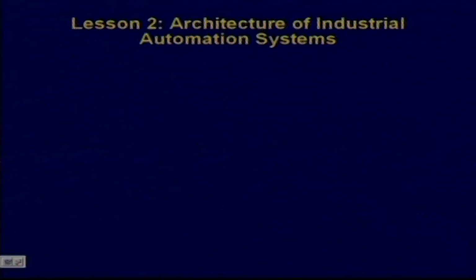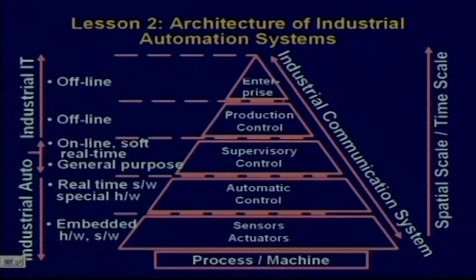Then, in the next lesson, we took a look at the architecture of industrial automation systems, and we introduced the automation pyramid and the levels of automation. So, we talked about level 0 of sensors and actuators, then level 1 of automatic control and various protections, alarms, then supervisory control, process monitoring, set point optimization, then production control, scheduling, maintenance management, inventory, then finally enterprise control, where we have finance, business, HRD, marketing.